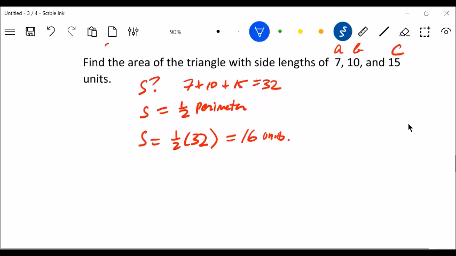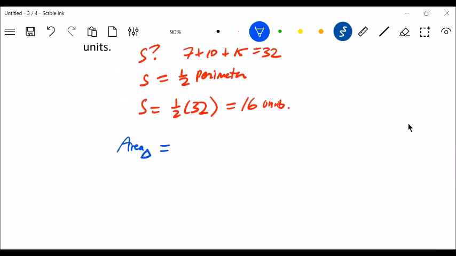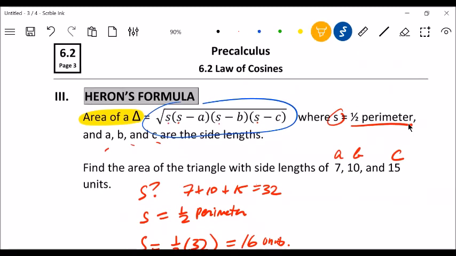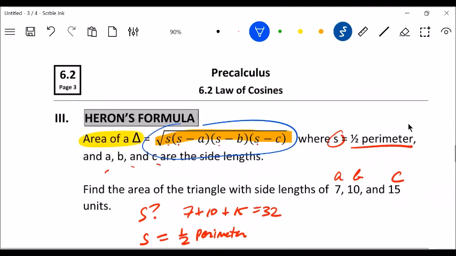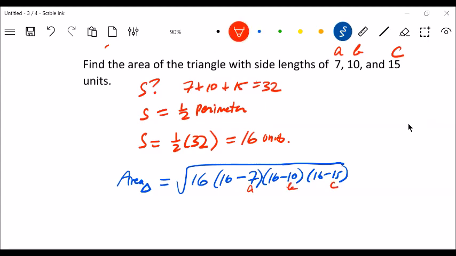So the formula is that the area of the triangle is the square root of 16, then 16 minus A, and so on. 16 minus 7, and it's just each one of them in order. 16 minus 10, and 16 minus 15. So this was A and B and C.